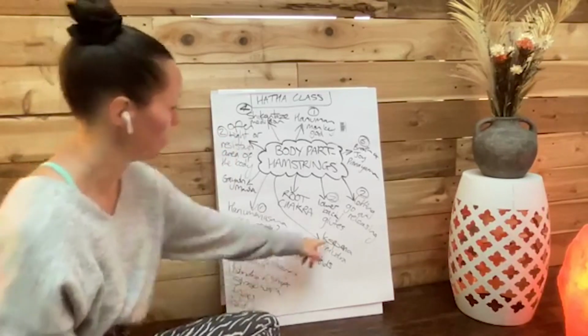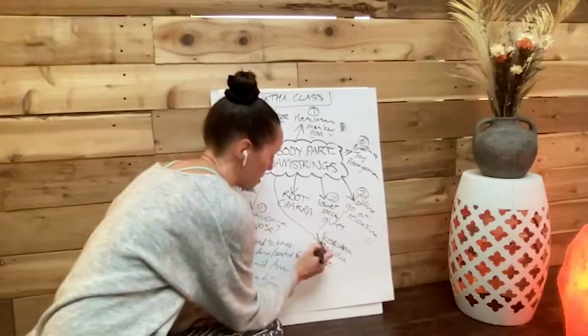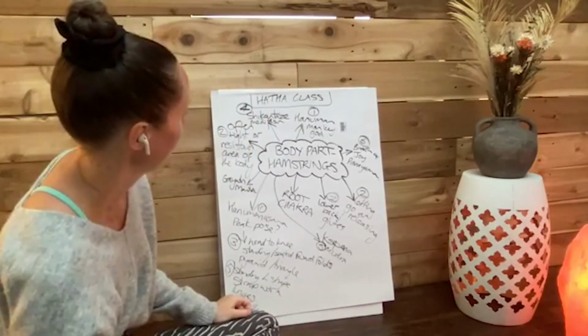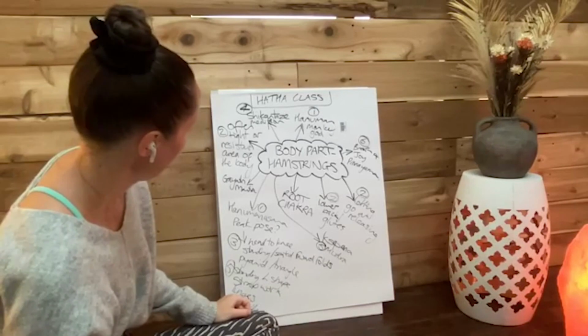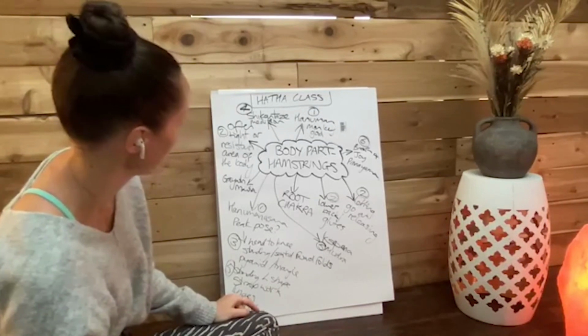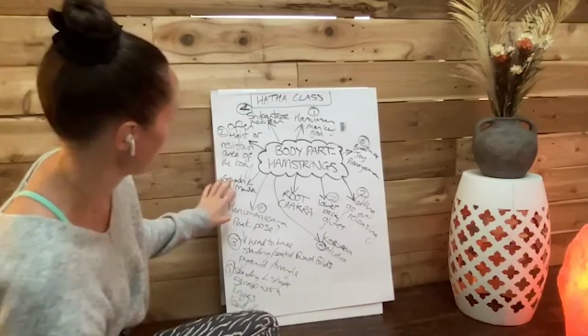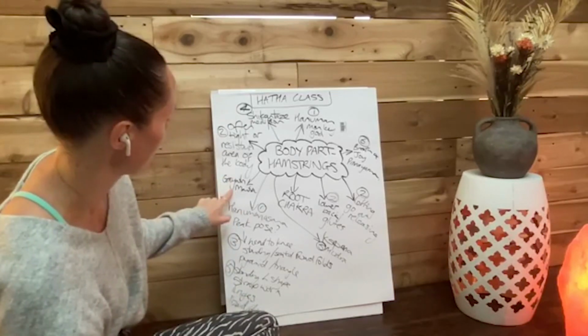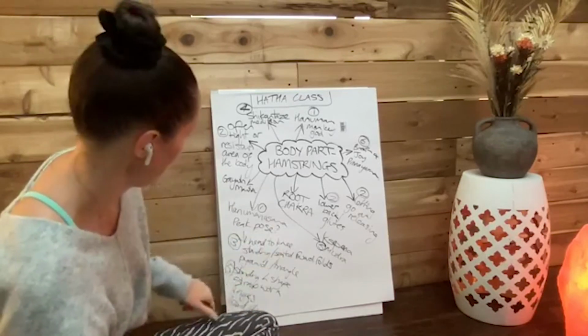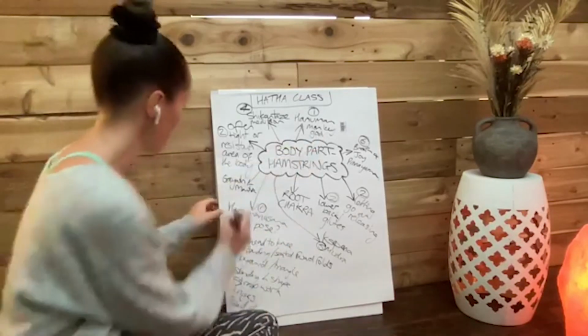So I would bring that in with 5 with the standing poses. And then at the end of the practice, after Shavasana, I would repeat the Gayatri mantra with the students. So that would be 7.